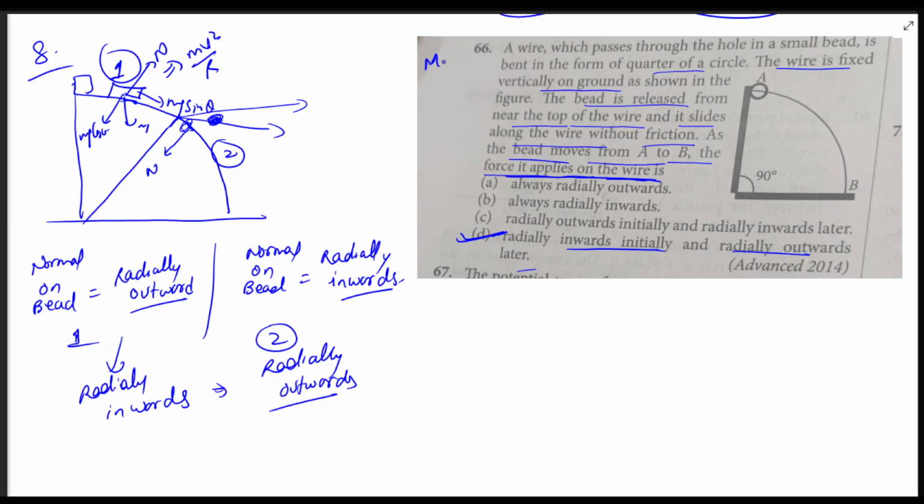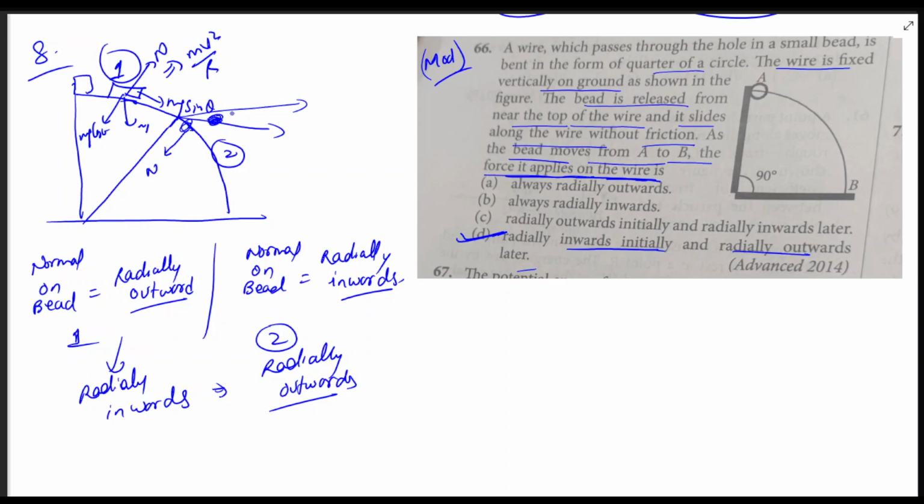Okay. So it's a moderate question, but remember the situation. If I put a box on top and it is released from rest, then at some point it will be losing the contact, right? But as the bead is stuck in the wire, initially the normal on the bead will be outwards as it remains in contact.